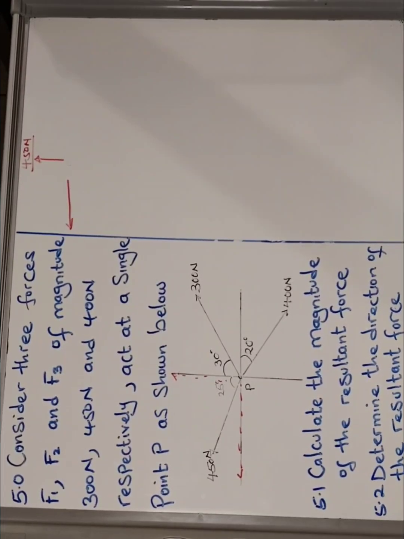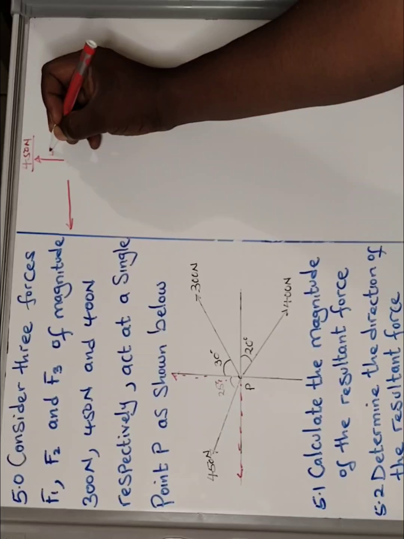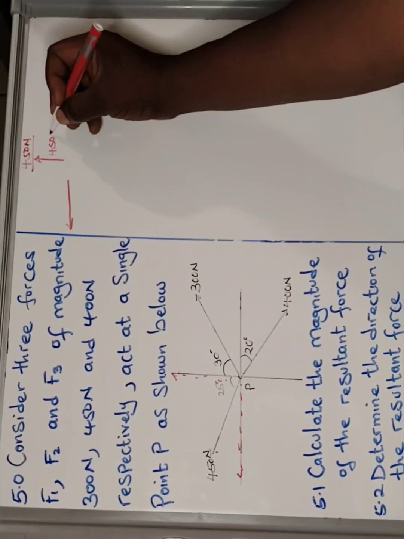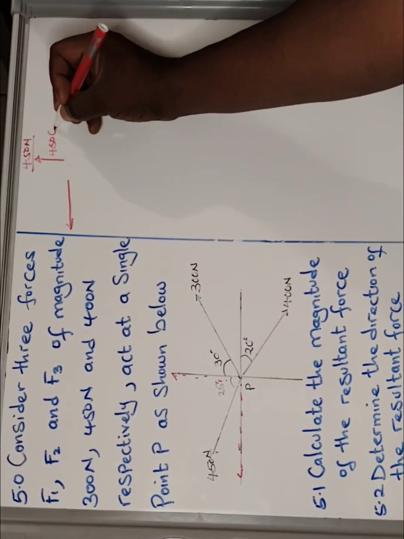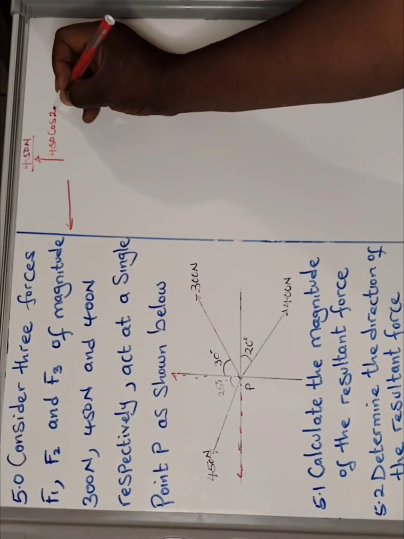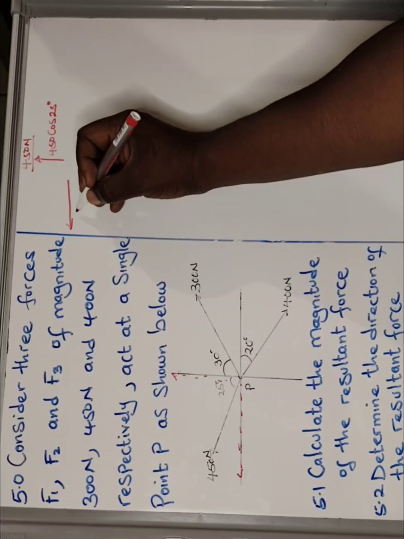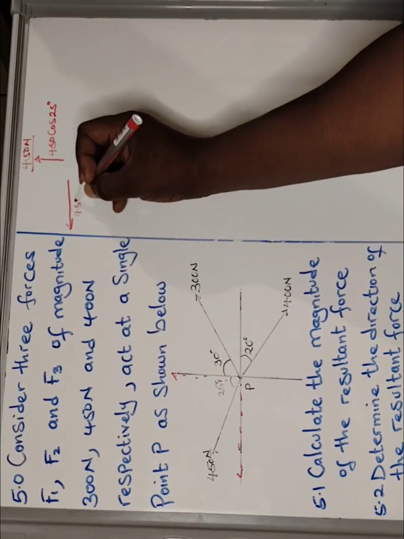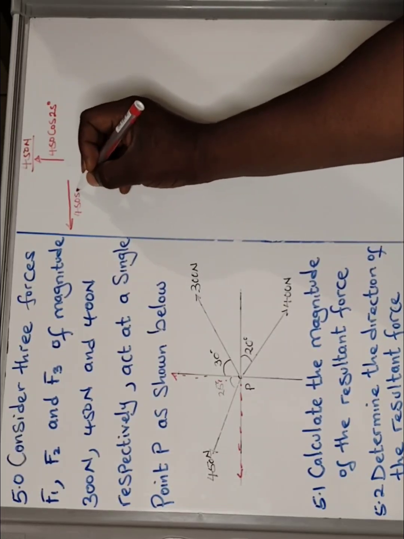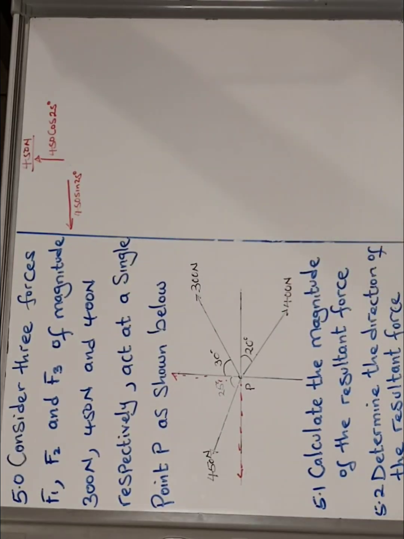So this one is going to be 450 cos 25 degrees, and this one is going to be 450 sine 25 degrees. Okay, we are done with this one.